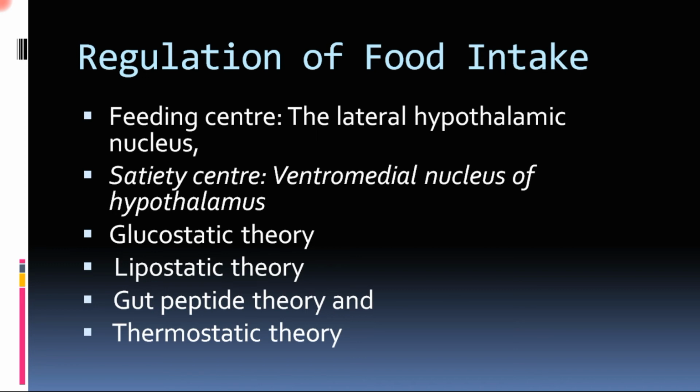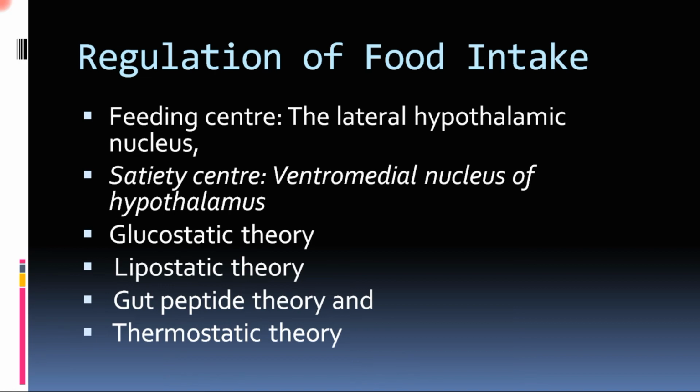Whenever the glucose concentration falls, the satiety center decreases its action and the feeding center comes out of inhibition and thus initiates feeding, which then restores the glucose level. So that is the glucostatic theory.